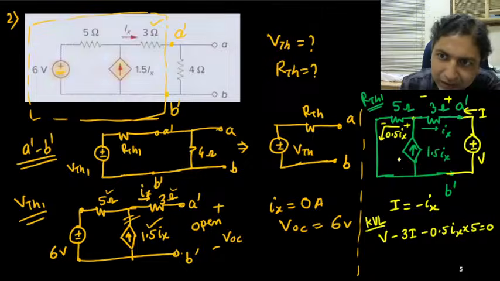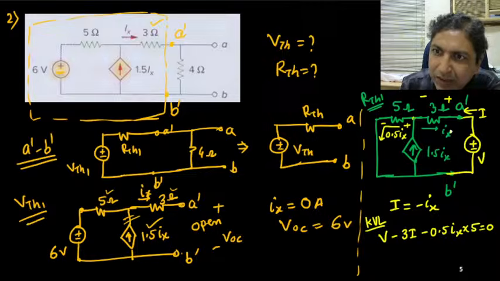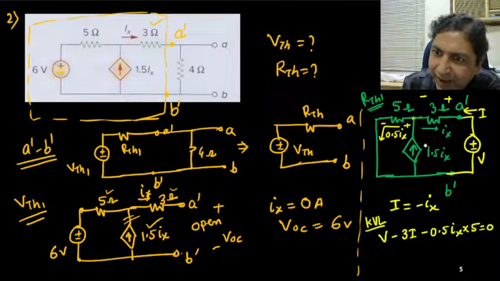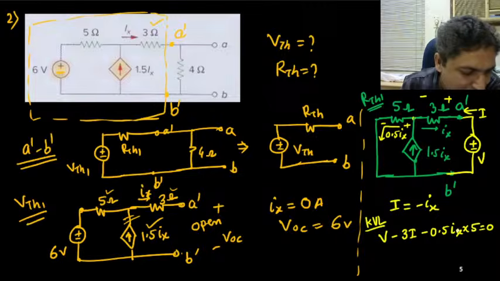I will ignore this side. I will not consider the voltage across this dependent source, this voltage source, this resistance, this loop. There I will apply KVL, Kirchhoff's voltage law. This is the supply voltage V minus drop across 3 ohm, 3 into I, and again drop across 5 ohm, 0.5 Ix is the current and 5 is the resistance. So 0.5 Ix into 5.